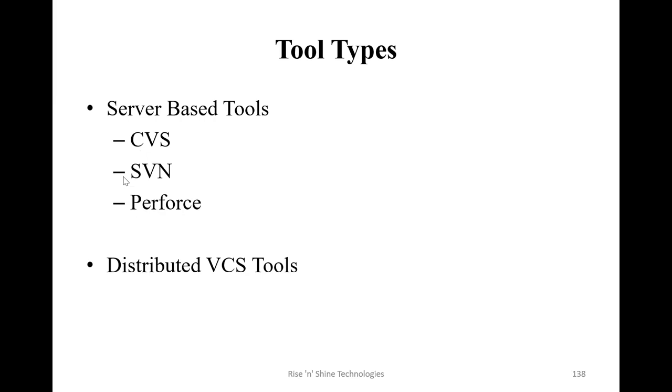Almost no one is using these tools, and you don't hear about them. But in some environments, whenever you join, mostly we see SVN. Some projects are still using it, but most projects are migrating to the latest version controlling tool, a distributed one, that is Git. Everywhere we hear Git these days. But before Git, it was SVN or CVS. CVS came before SVN.